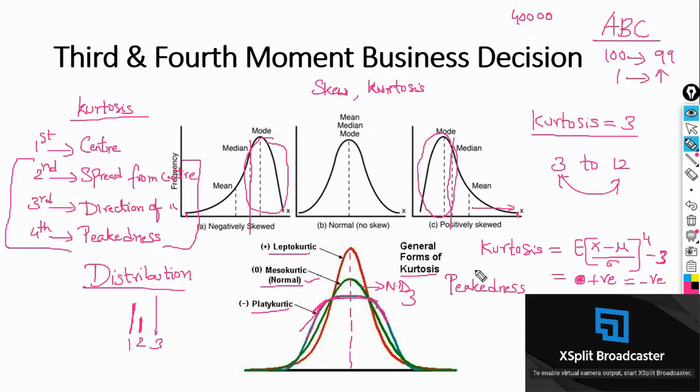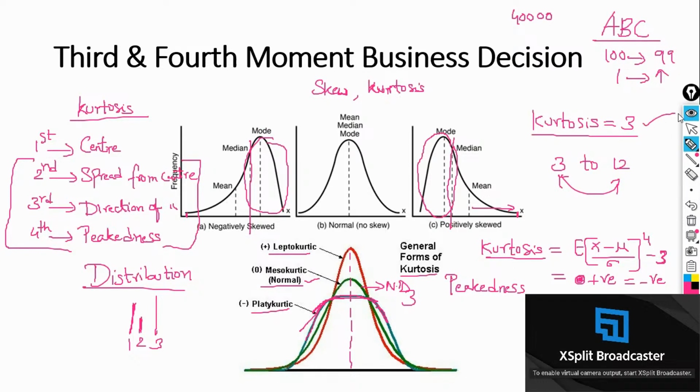So this was explained by kurtosis. The formula for kurtosis is the expected value of ((x minus mu) by sigma) raised to the power 4, minus 3. Why do we have minus 3? This minus 3 represents the kurtosis value of the normally distributed curve.